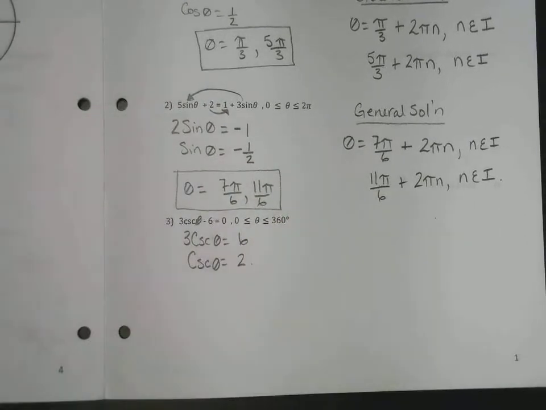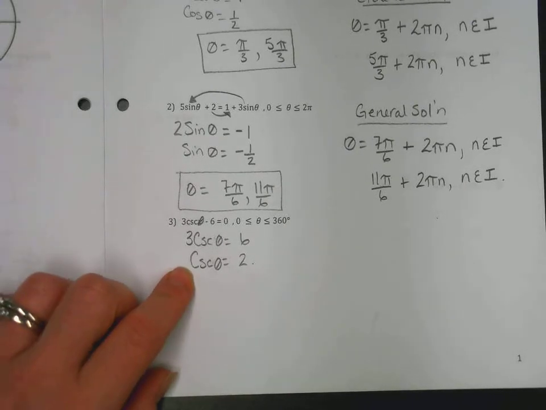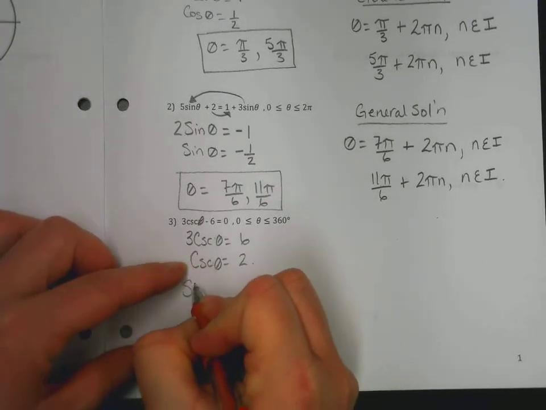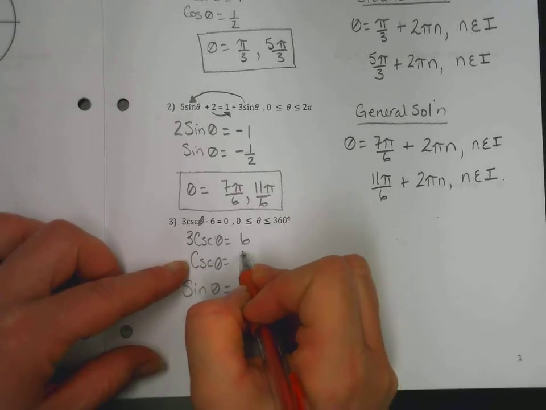Well, I don't necessarily want to work in a reciprocal function, so before we actually solve this equation, I'm going to change this to the reciprocal function of cosecant. And the reciprocal function of cosecant is sine of theta, so I'm going to change this to a sine of theta, and I'm going to reciprocate the ratio.